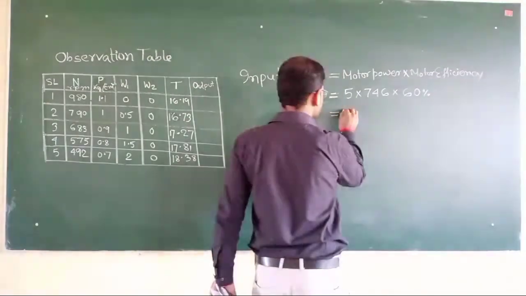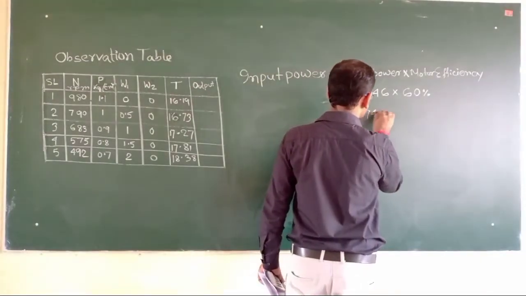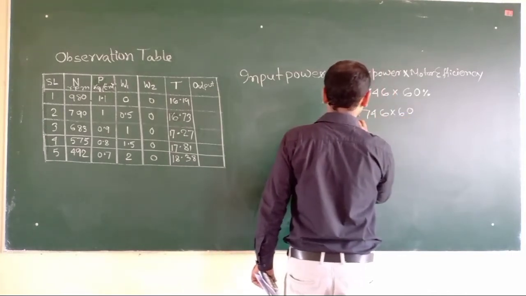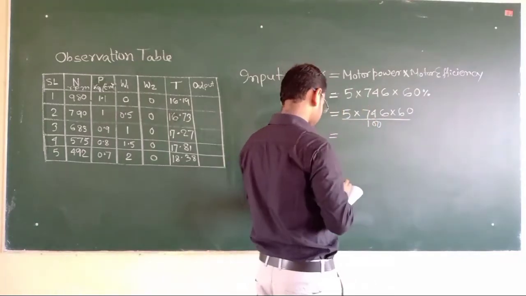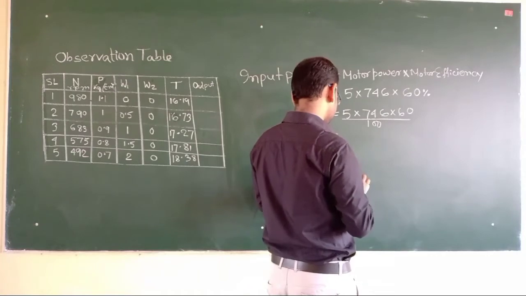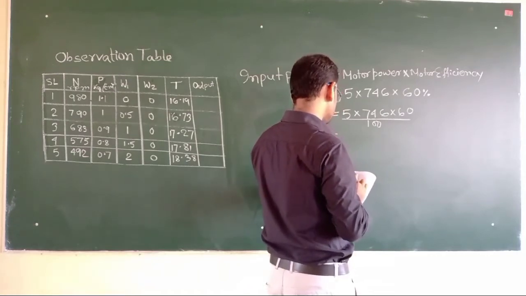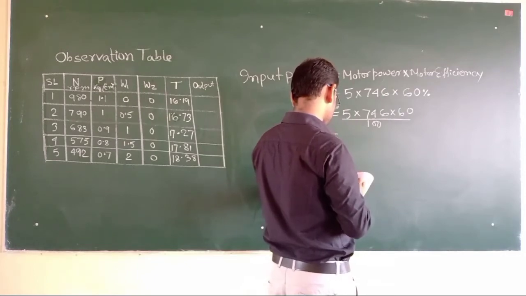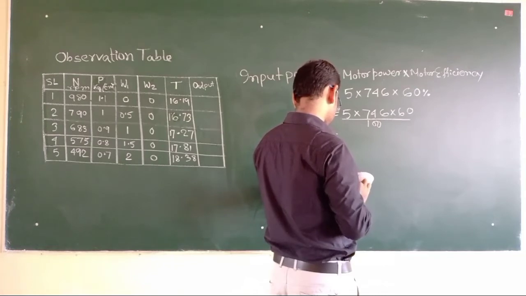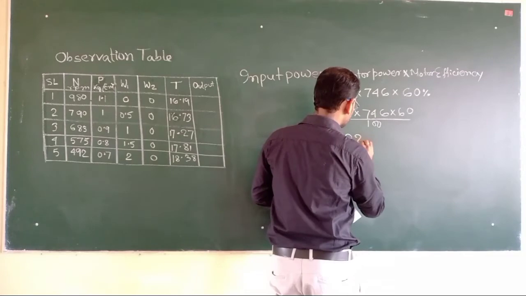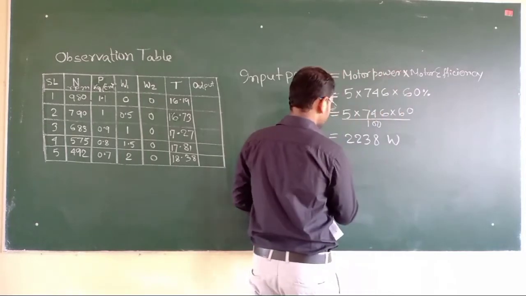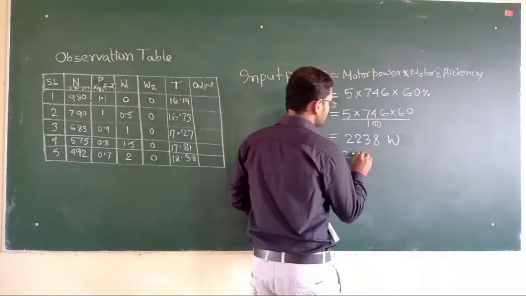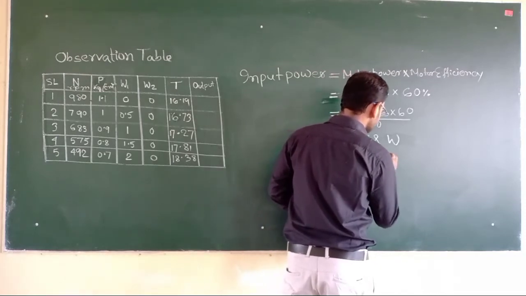We can write down 5 into 746 into 60 divided by 100, equal to 2238 watts. Also we write down 2.238 kilowatts.